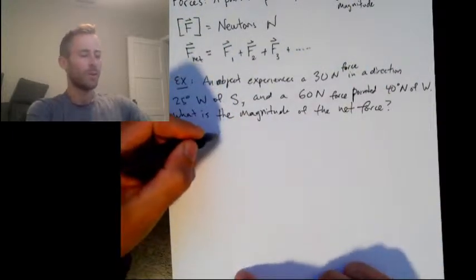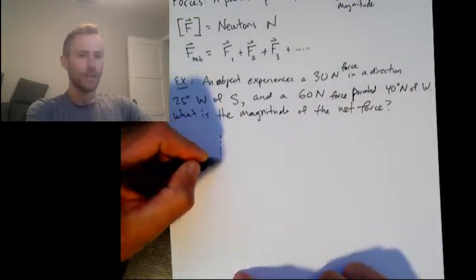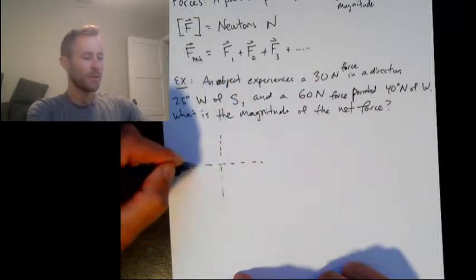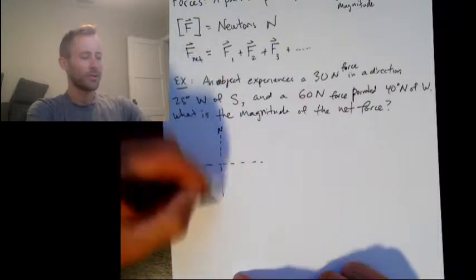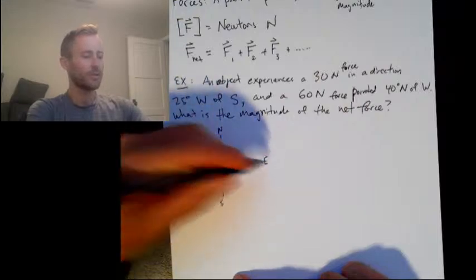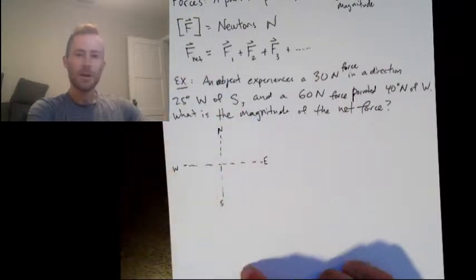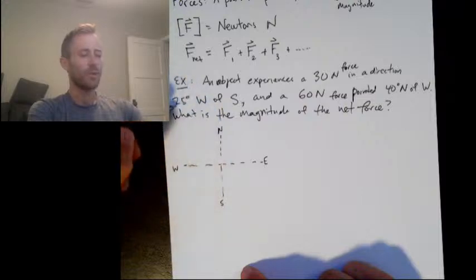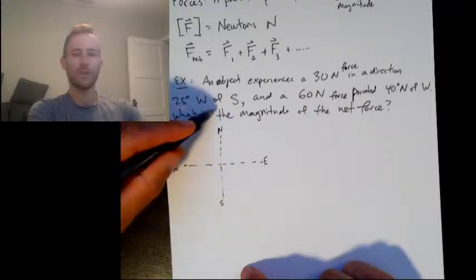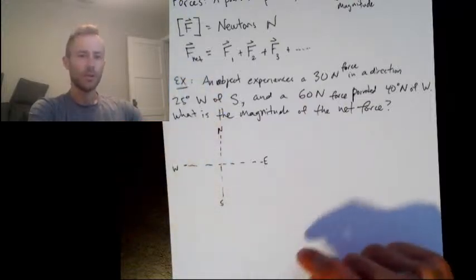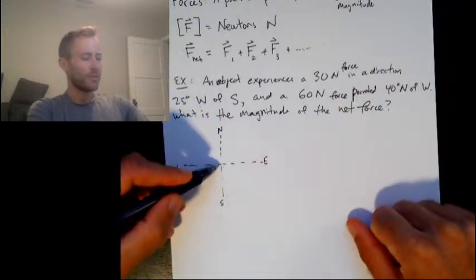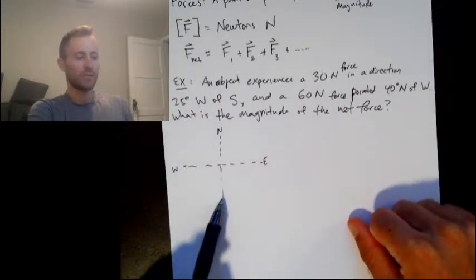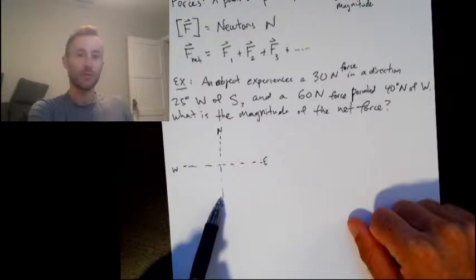So what we want to do is draw our cardinal directions. We've got north, south, east, and west. The 30 Newton force points in a direction 25 degrees west of south. So I'm going to start off with south, and then rotate in the western direction 25 degrees west.